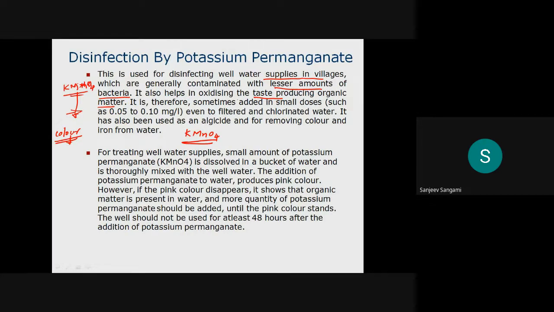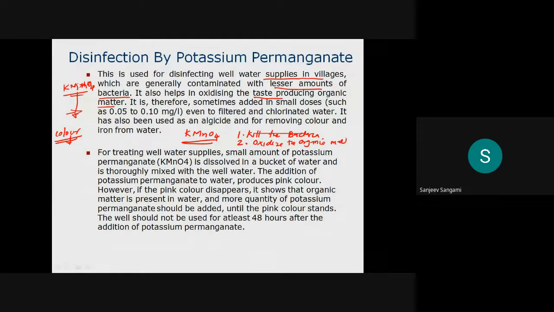So it helps in oxidizing the taste producing organic matter. One advantage is that it is going to kill the bacteria. Second, it is going to oxidize the organic matter.